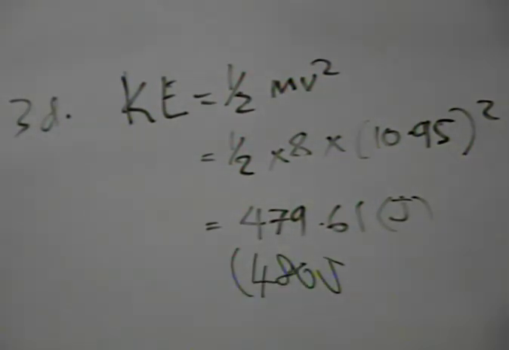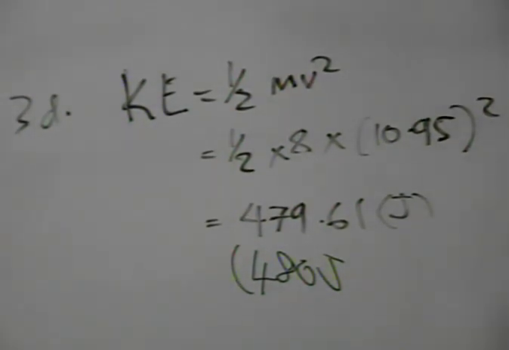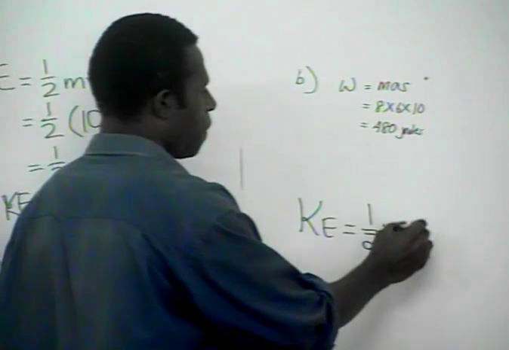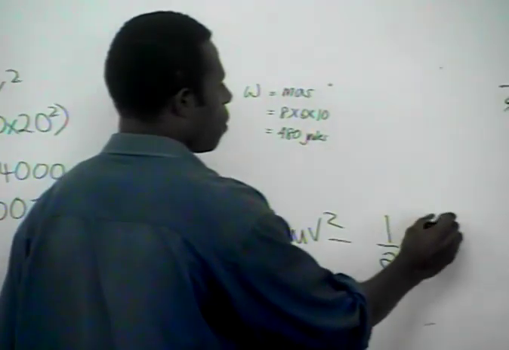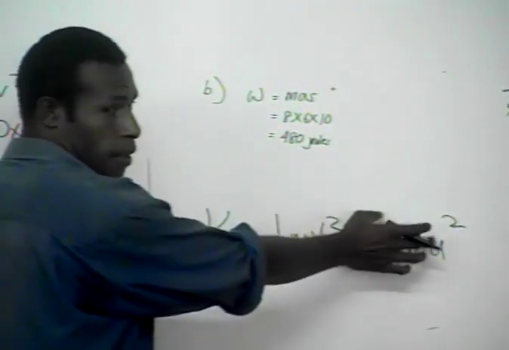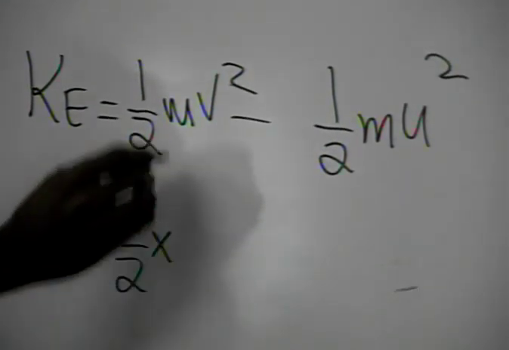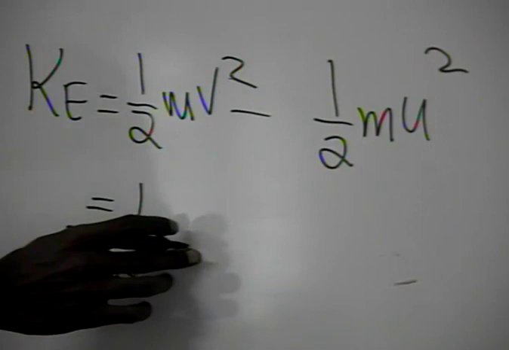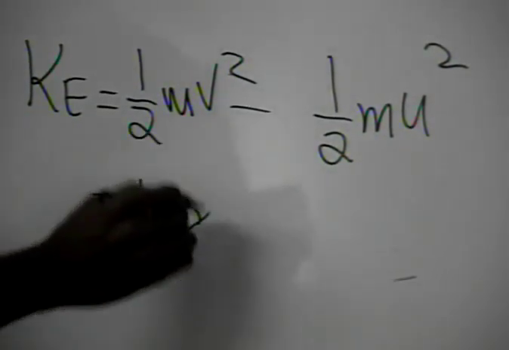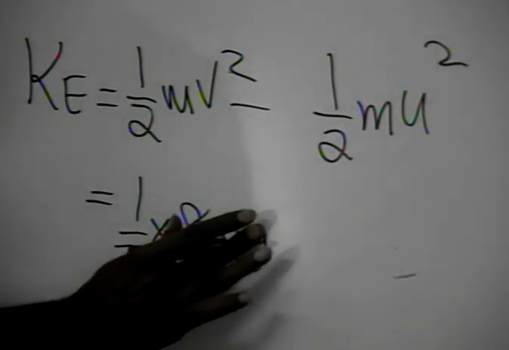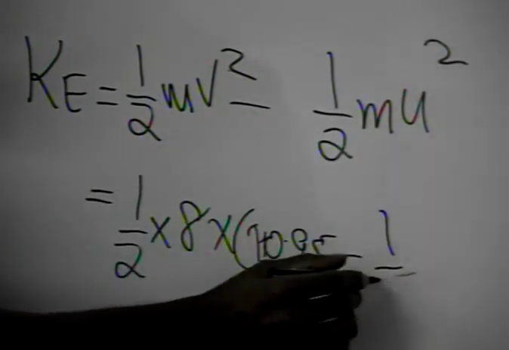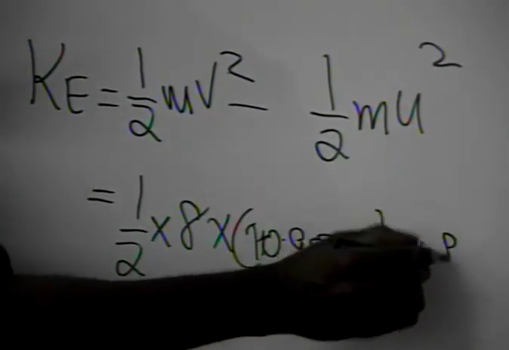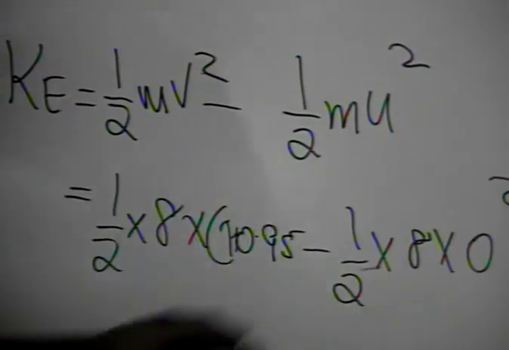480 joules. Why? Because if you have to calculate, the final work will be equal to half v squared minus half u squared. In this you have that as half times mass, which is 8, times v squared, minus half times 8 times u squared.